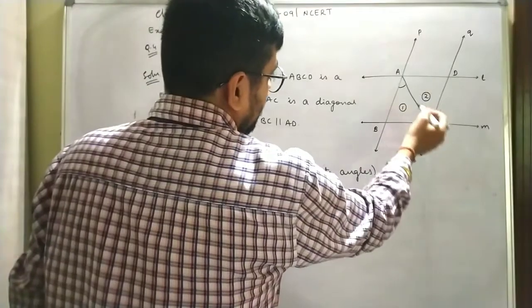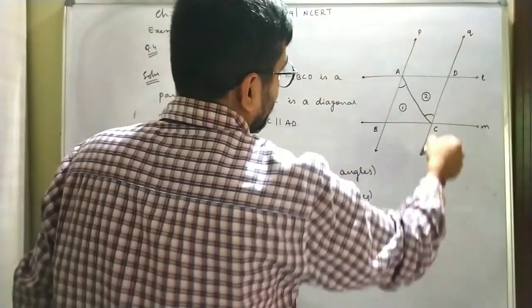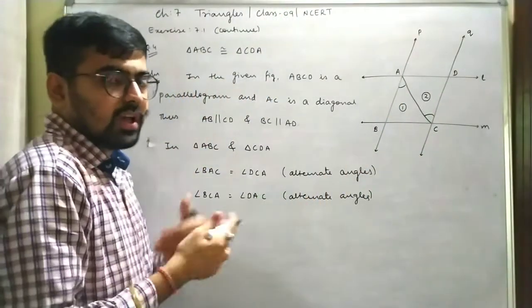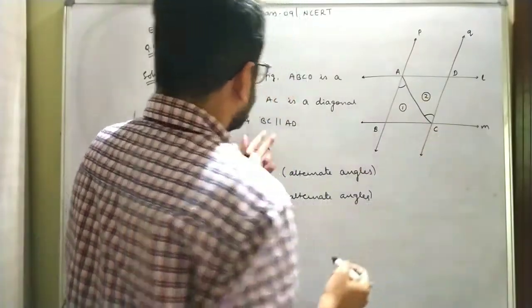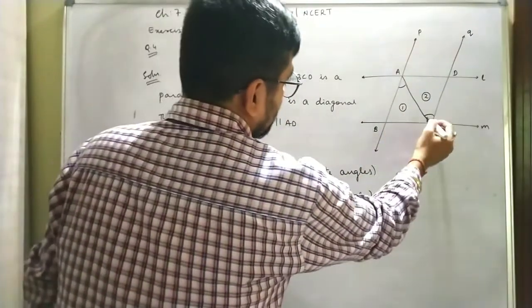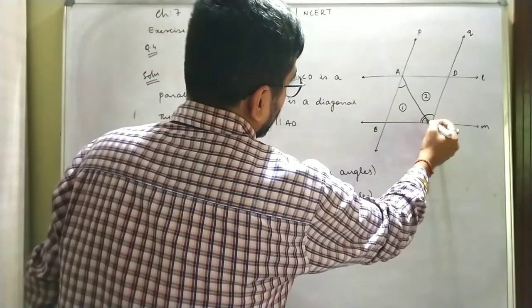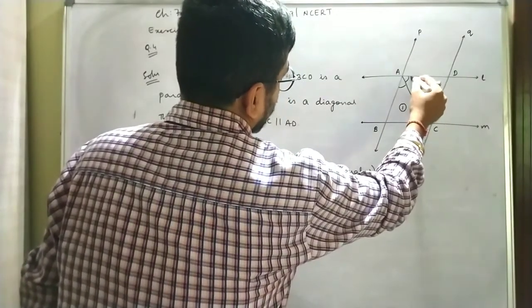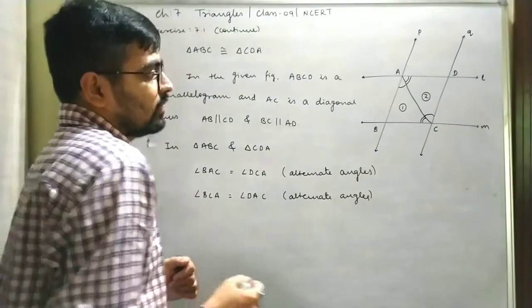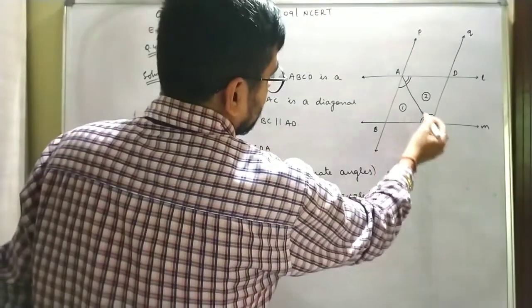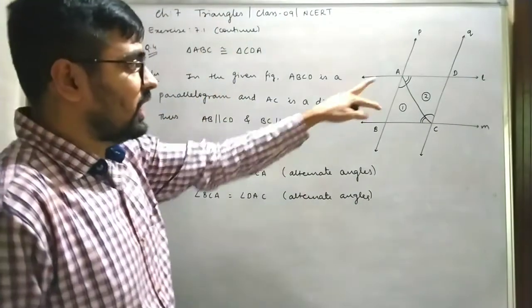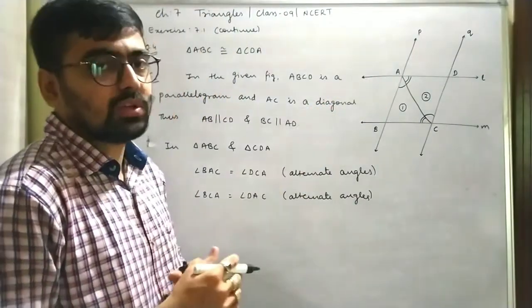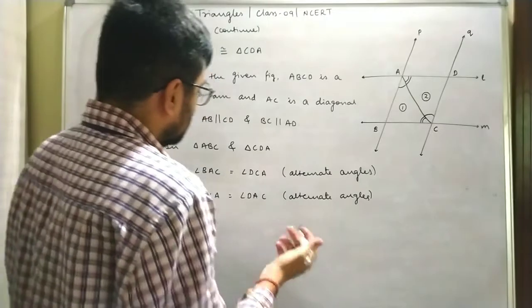When I say this and these angles are equal, we already know that AB and CD are parallel, so definitely alternate angles are equal. Here I know that AD and BC are also parallel. So I can say this angle, I will draw a 2 mark, two times like this so that we can identify. So angle BCA and angle DAC are going to be equal because again AD and BC are parallel, so both are going to be alternate angles.